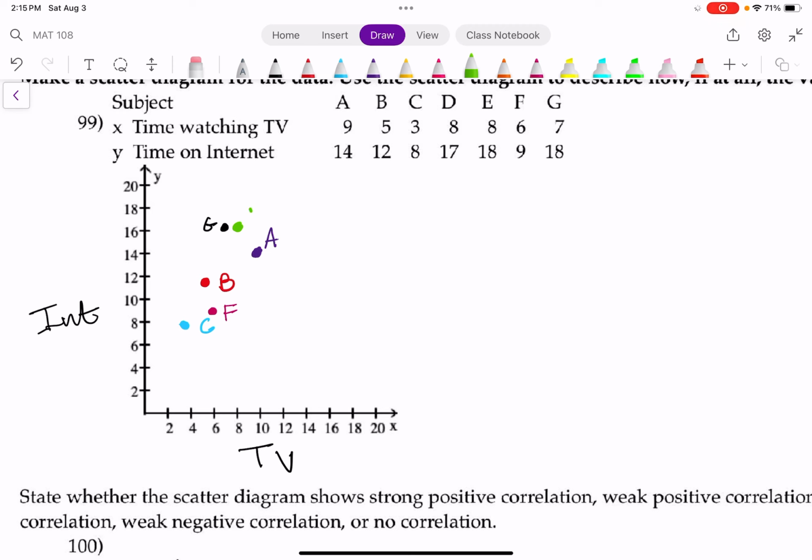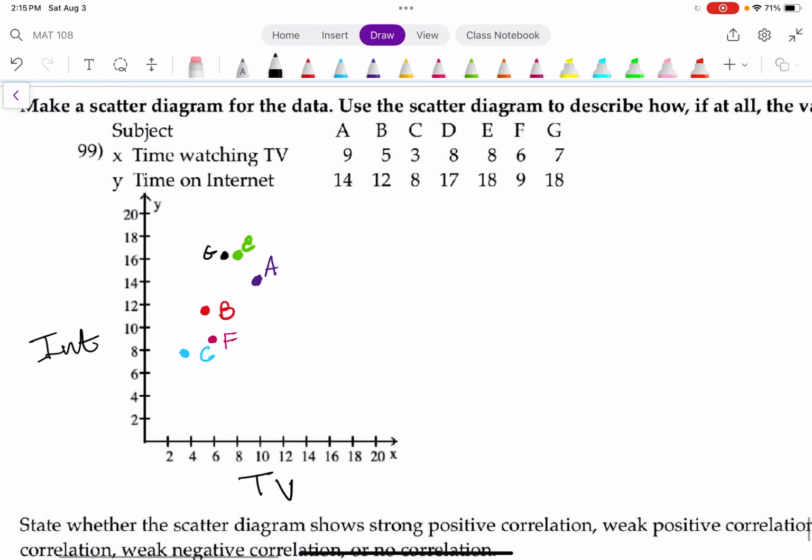E. And I'm going to redraw D. Wait, let me make this a little bit better. So we got A. We drew A. We drew B. We got C. F is cooling.